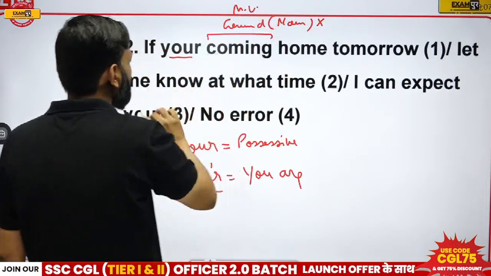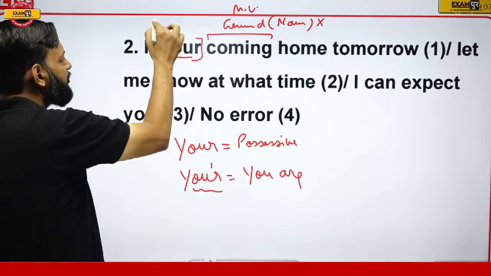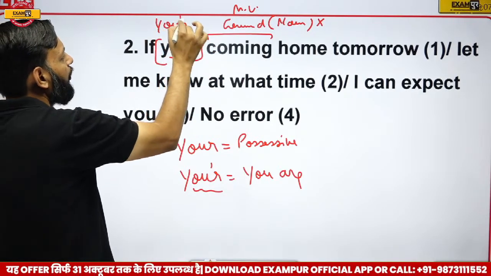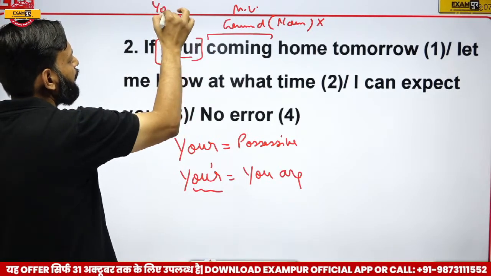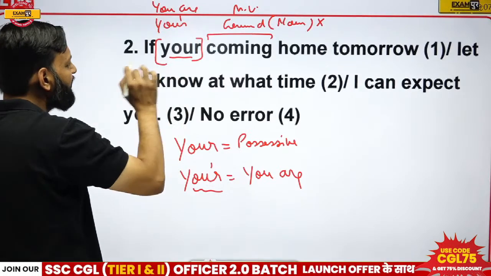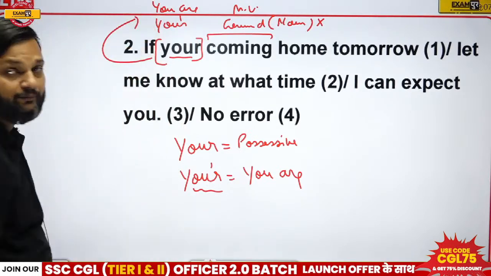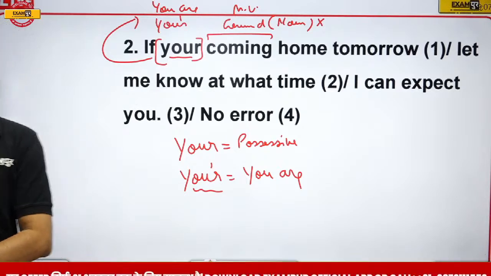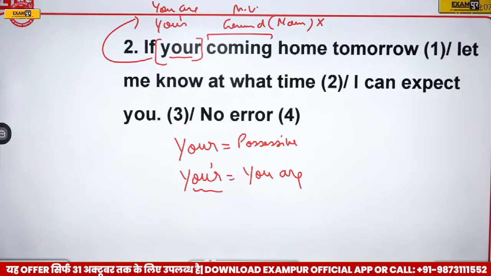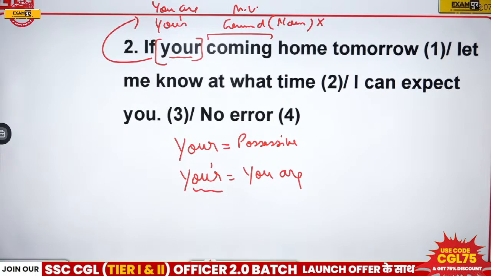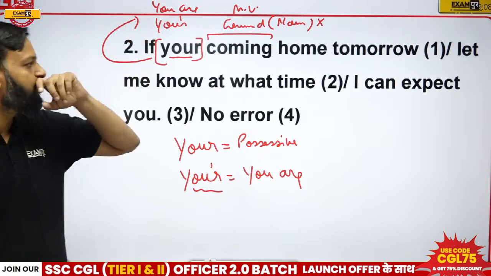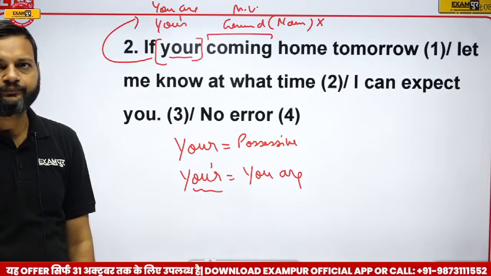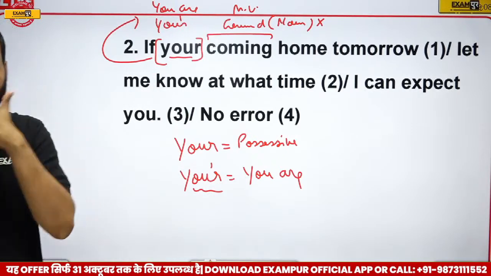So this your should be changed into you're, which is the contracted form of you are. So basically we need to change your into you are if you are coming home.